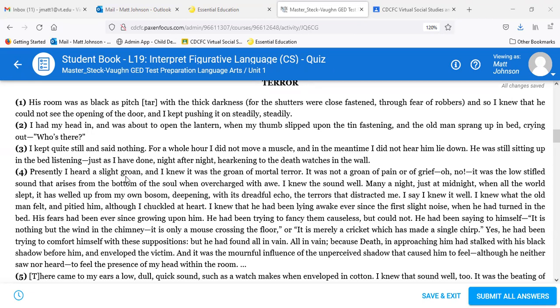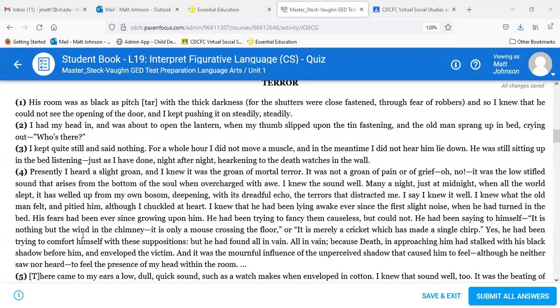His fears had been ever since growing upon him. He had been trying to fancy them causeless, but could not. He had been saying to himself, "It is nothing but the wind in the chimney. It is only a mouse crossing the floor. Or it is merely a cricket which has made a single chirp."